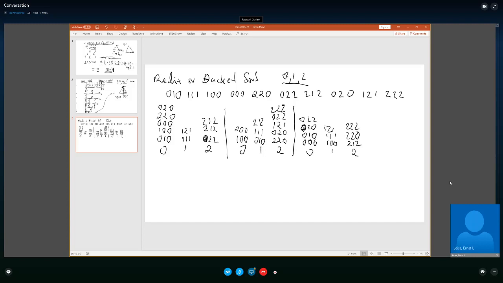And if I now look at the elements, again in the order in which I put them into the 3 buckets, 0, 0, 0, followed by 0, 1, 0, 0, 2, 0, 0, 2, 2, 1, 0, 0, 1, 1, 1, 1, 2, 1, 2, 1, 2, 2, 2, 0, and 2, 2, 2. What do I have?